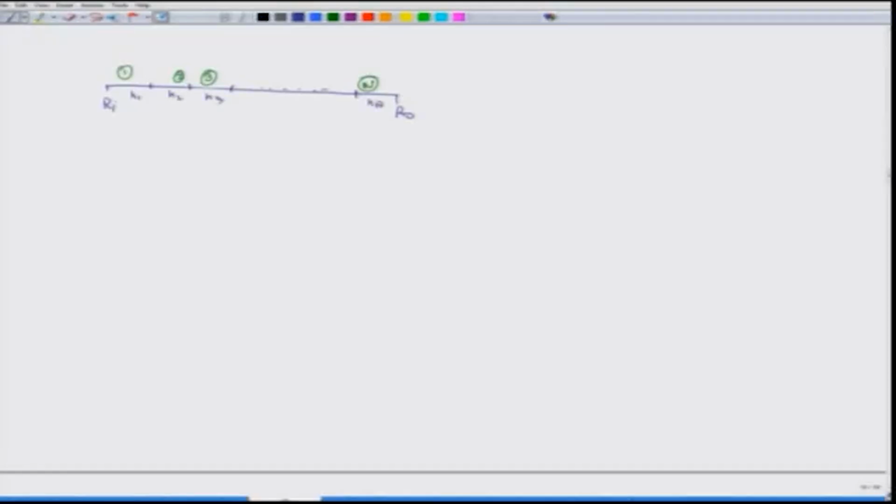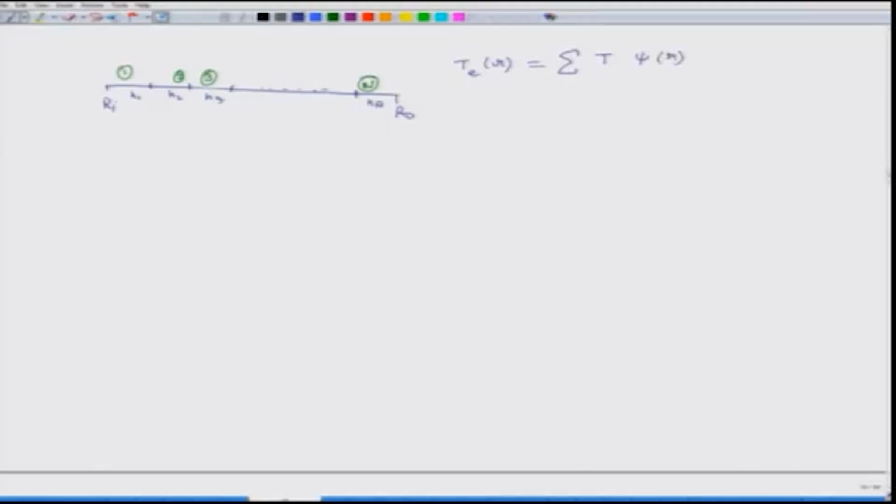Then we had developed an expression that temperature in the eth element, and it changes with respect to r, so it is a function of r, can be expressed without losing any generality as a sum of some interpolation functions.